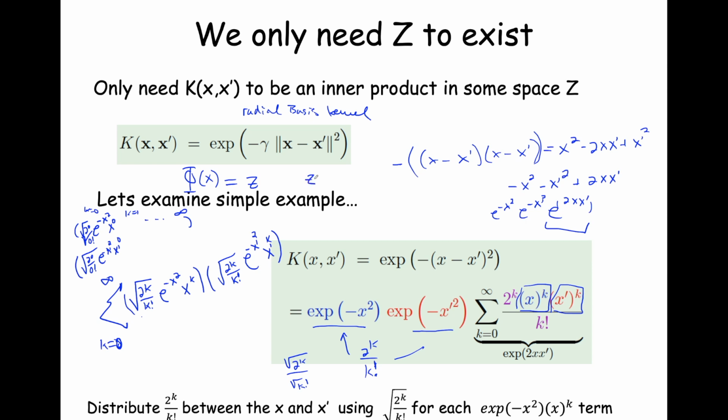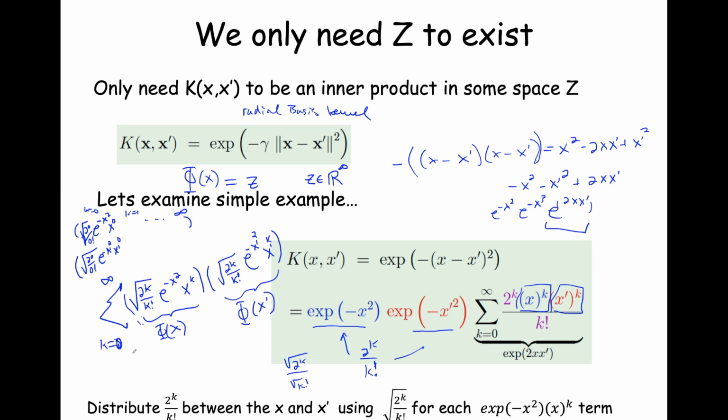Where z is in, if I were to write it this way, this is kind of an abuse of notation, R infinity. And the particular transformation has each of these terms for k equals 0, k equals 1, k equals 2, and so forth. This is the contribution from phi of x, each term, and this is the contribution for phi on x prime. Okay?